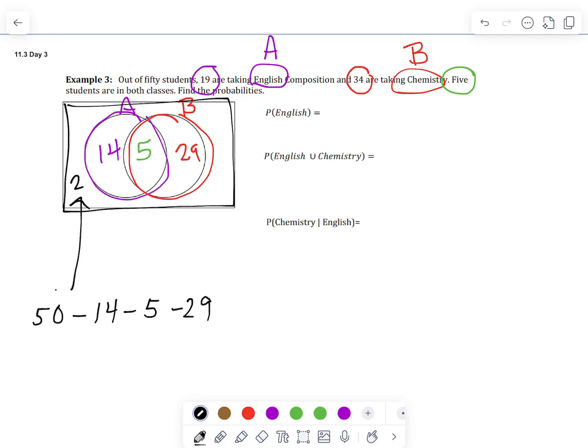So probability of a student randomly chosen is in English. So English is this entire circle, so 19 out of 50. The second part says the probability of English or Chemistry.